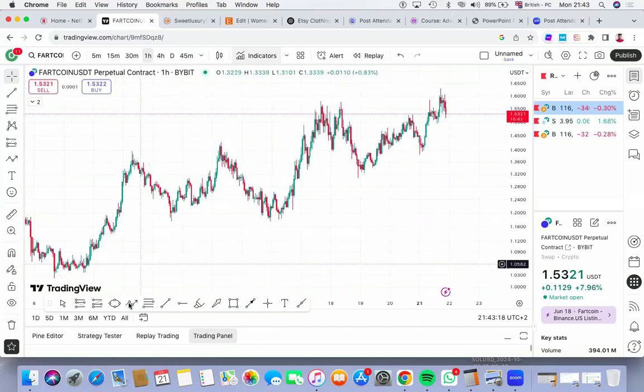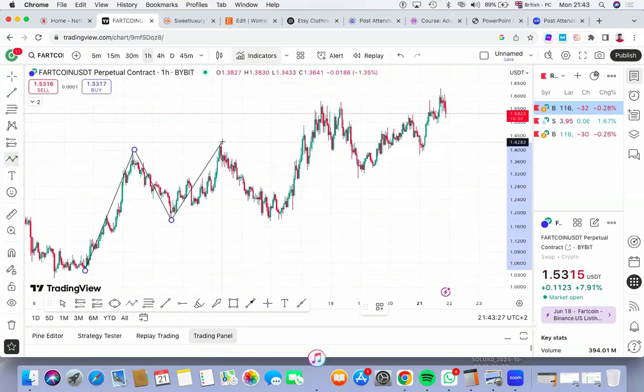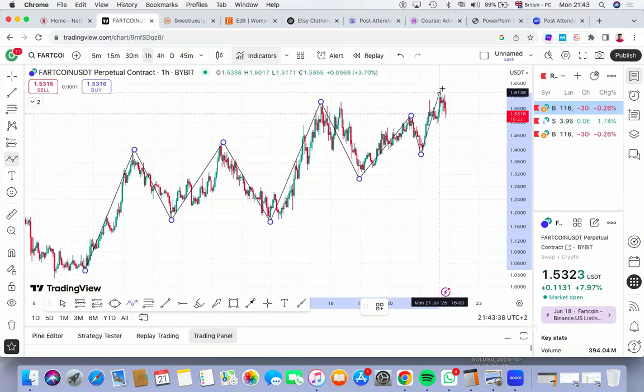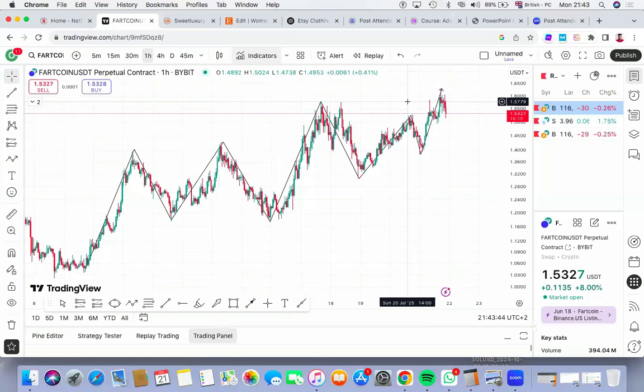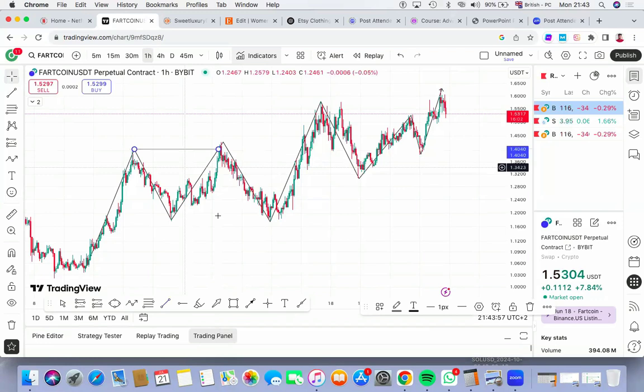If I was to draw my structure from here, if I pick my pen tool and do something like this, this market is bullish and the structure here would be something like this. So I pick my trend line and mark this side.